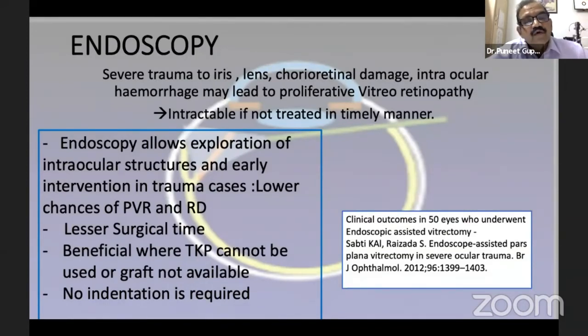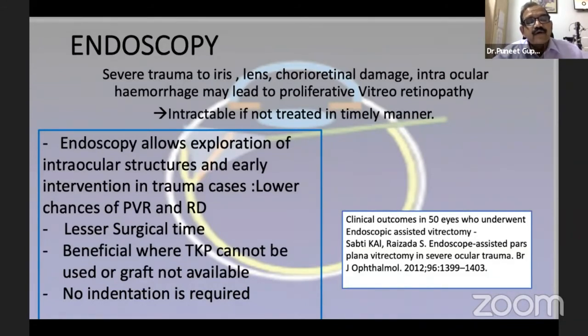The endoscopy allows exploration of intraocular structures early in the course of the disease, thereby reducing the chances of development of proliferative vitreoretinopathy and retinal detachment. It requires lesser surgical time, and it is beneficial where TKP cannot be used or graft is not available.